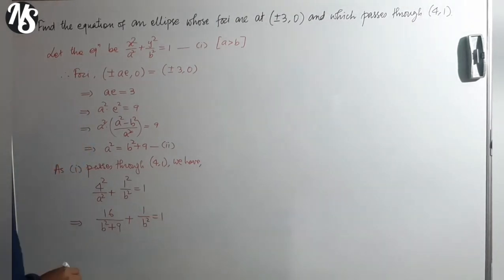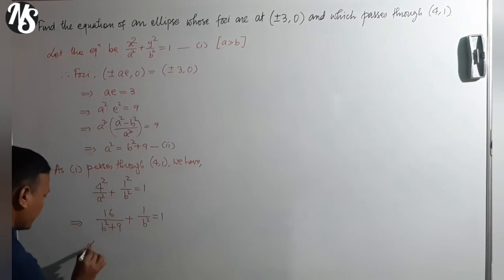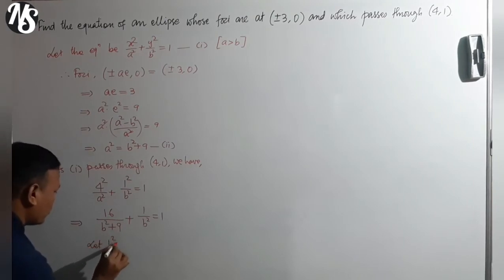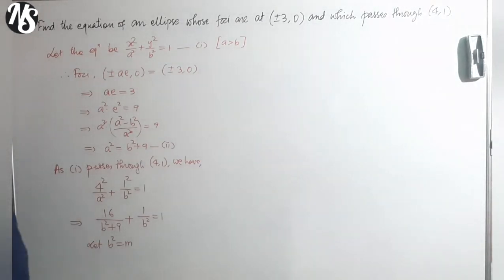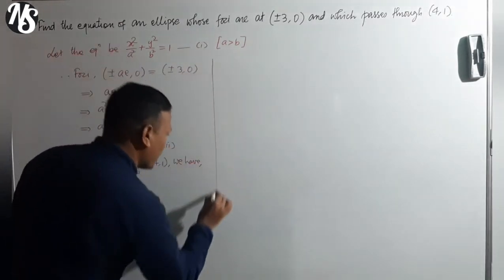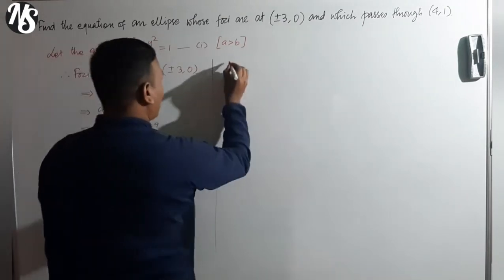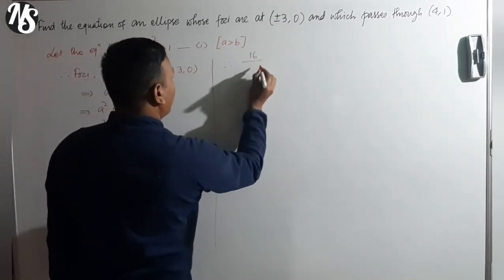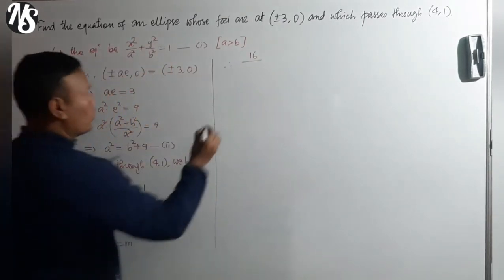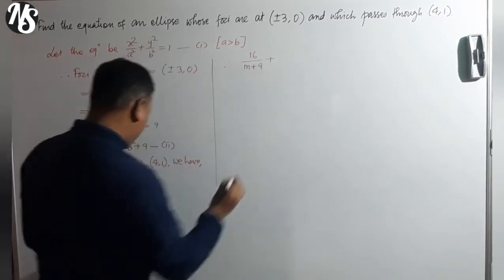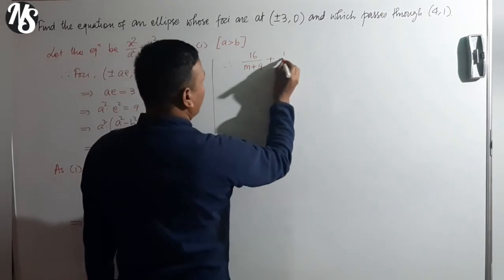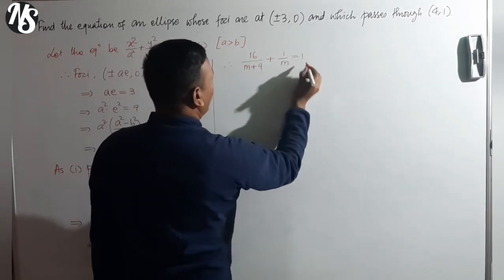Okay. So here, what I am going to do is, let b square equal m to make our work easy. Therefore, we have 16 by m plus 9 plus 1 by b square, that is 1 by m, is equal to 1.